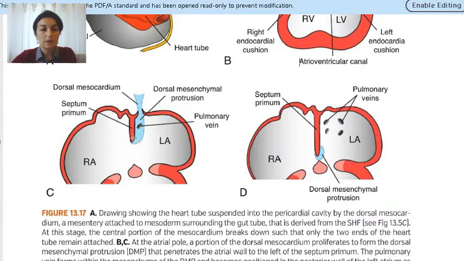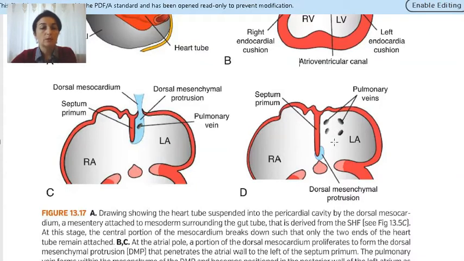The remaining part of these cells will move at the tip of the septum primum towards the endocardial cushions. And so the pulmonary veins are formed, and their initial part also will be incorporated into the left atrium, like the sinus venosus incorporated into the right atrium. Here we will see incorporation of the initial part of the pulmonary veins into the left atrium.